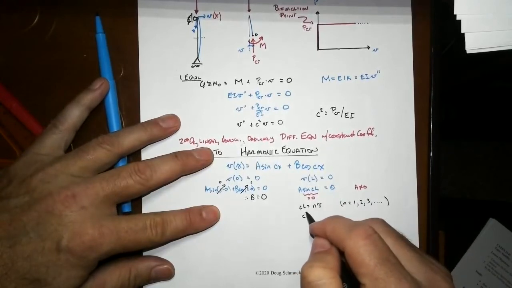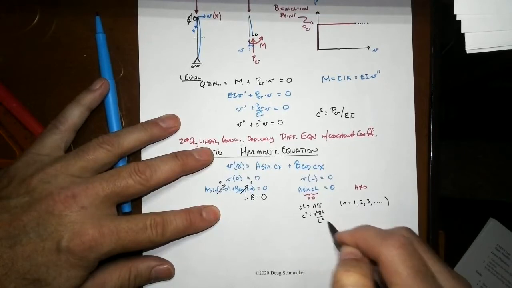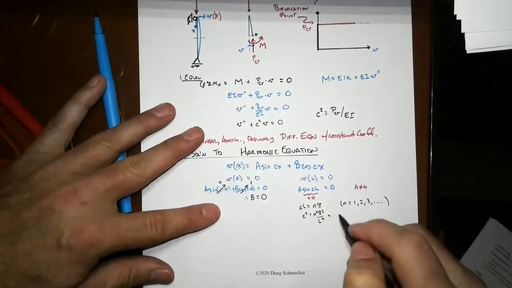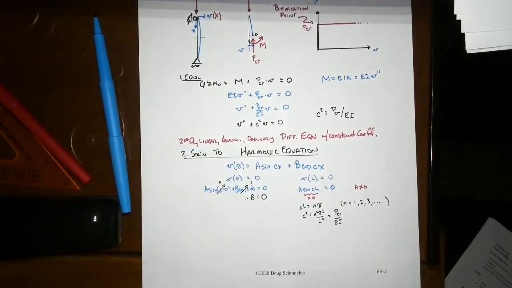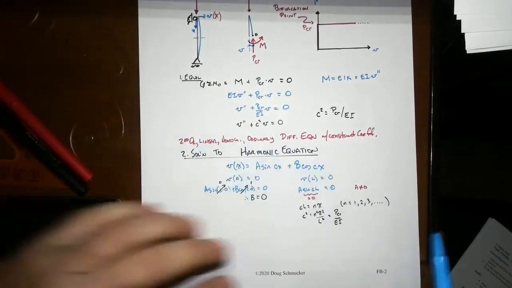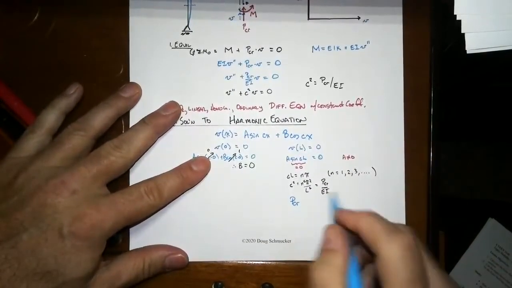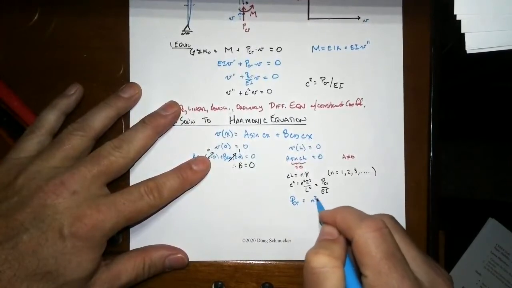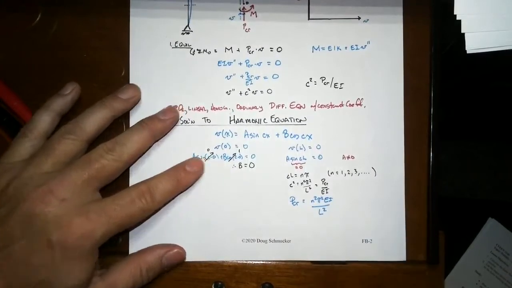That means that c squared is equal to n squared pi squared over L squared. But we also know that c squared is equal to the critical load divided by EI. And there you have it. We have our base model then for our critical load, which is that it's equal to n squared pi squared times EI over L squared.